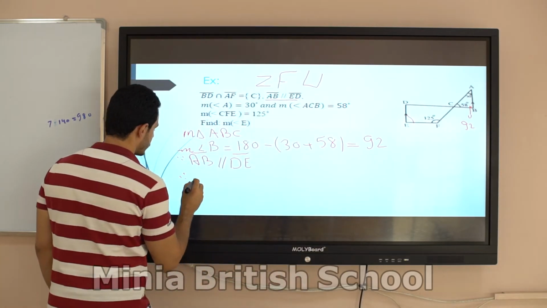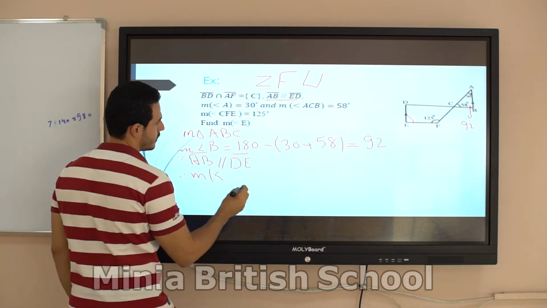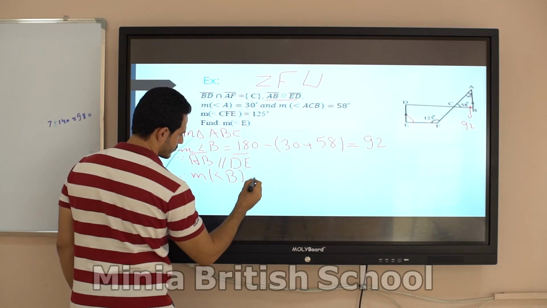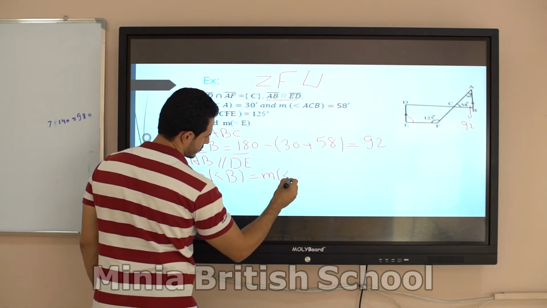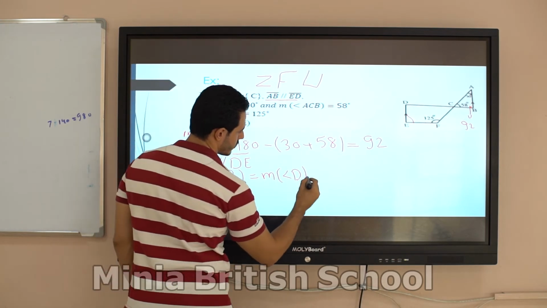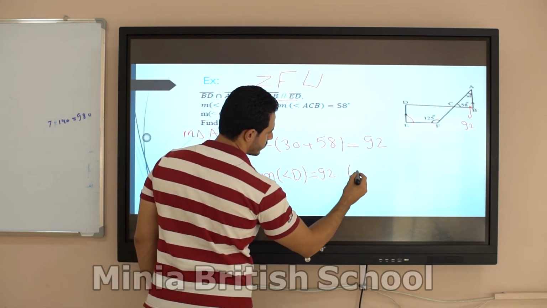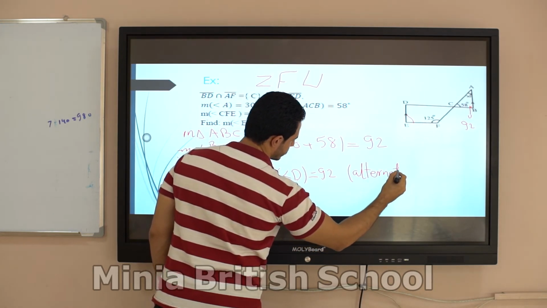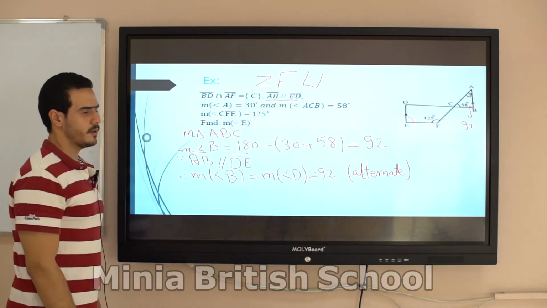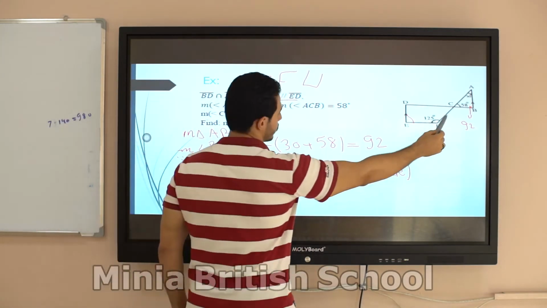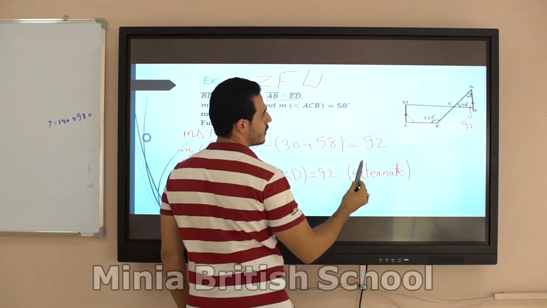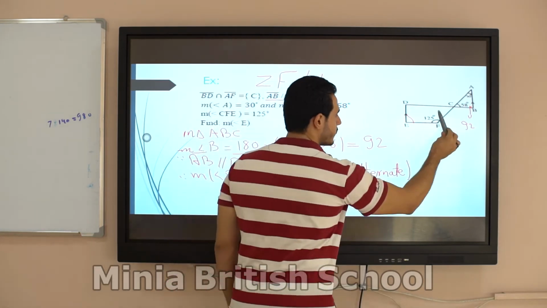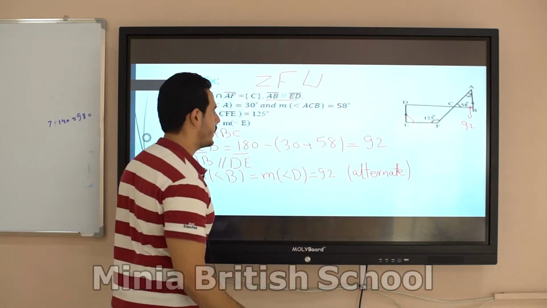So then the measure of angle B equals the measure of angle D, equals 92, and write alternate. Okay? Now the measure of angle ACB equals the measure of angle DCF. Why? Because they are vertical opposite angles, VOA.